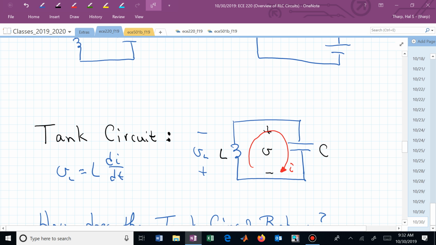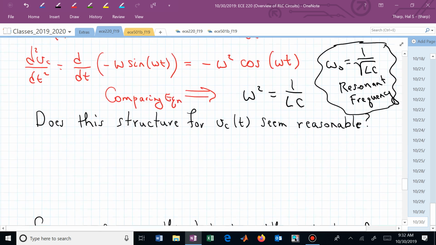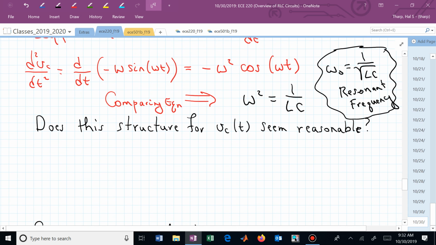Does that make sense? We have two energy storage devices, and they're kind of just playing catch with their energy. One stores up energy in the electric field, and then it says, oh, you want it? I'll give it to you. And then it gives it over to the magnetic field, and it just oscillates back and forth.